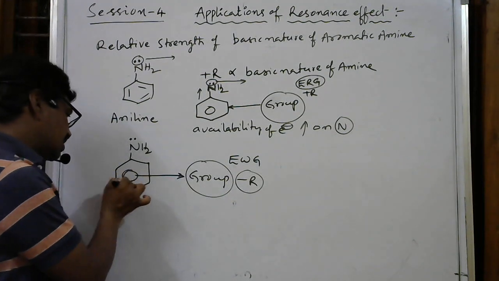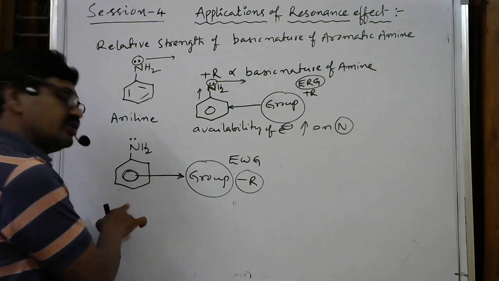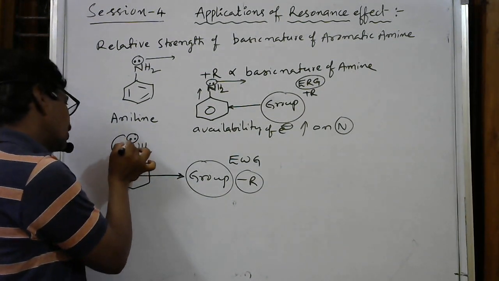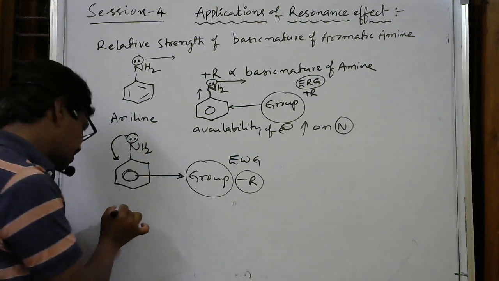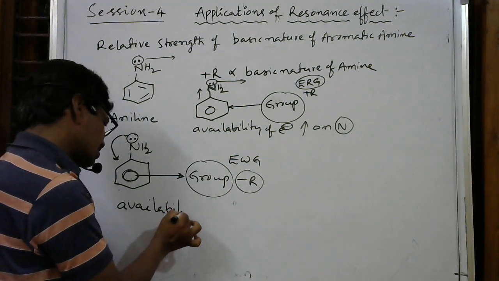So electron density decreases in the ring. So the ring is deactivated, so this ring now requires electrons. Those electrons come from nitrogen. So this electron pair is now moving towards the ring side, so that the availability of electrons decreases.